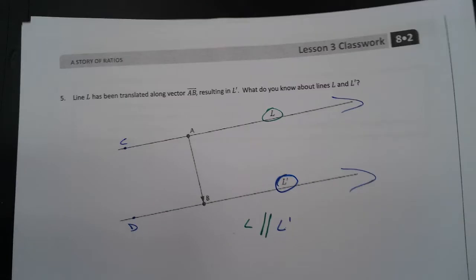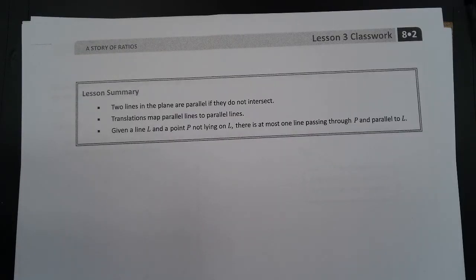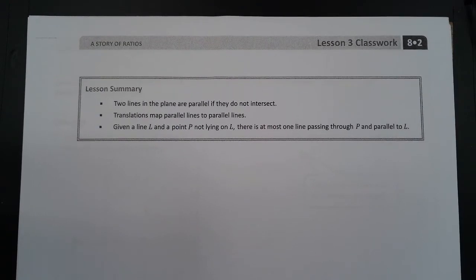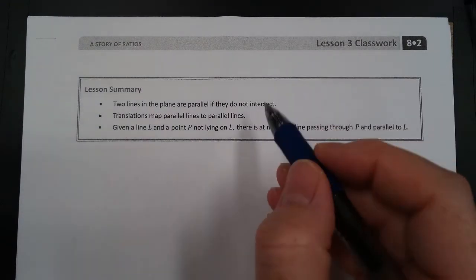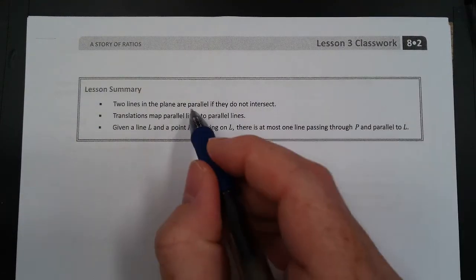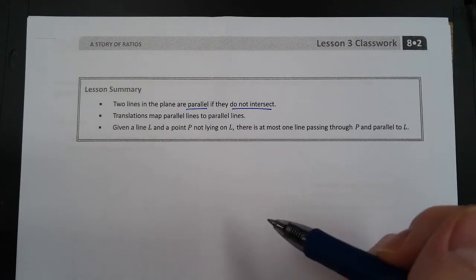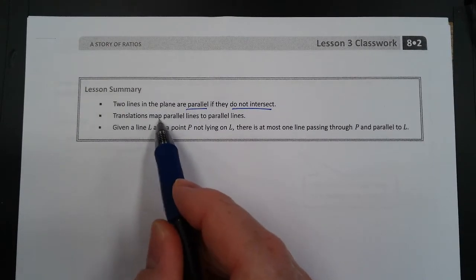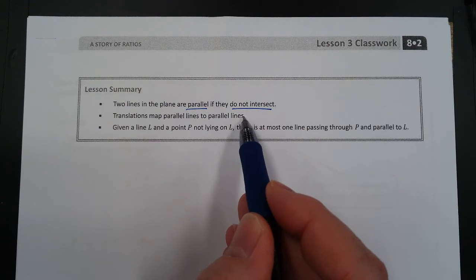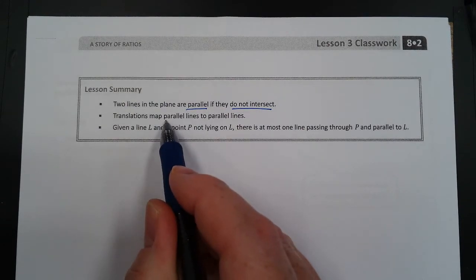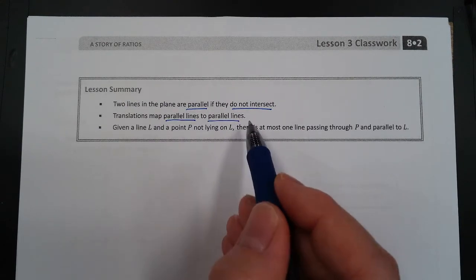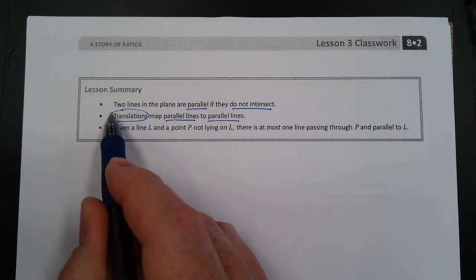The lesson summary is on page 24. Lesson summary says, two lines in the plane are parallel if they do not intersect. So parallel means do not intersect. Translations map parallel lines to parallel lines. That means parallel lines are still parallel lines even after translations.